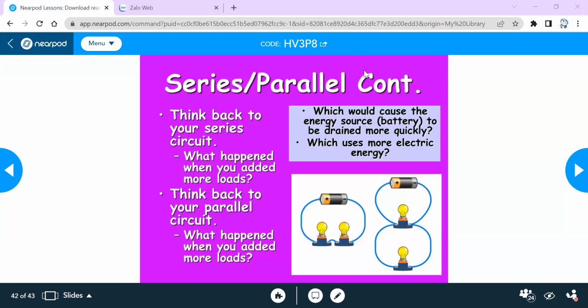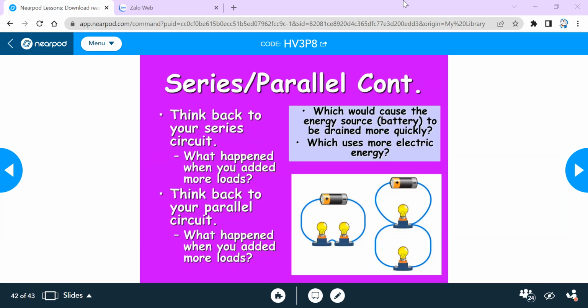All right. So what actually happens to the brightness of the bulb connected to a series circuit when we add more light bulbs in the series circuit? Well, the brightness of the light bulb in a series circuit will get reduced because the total resistance will increase and the current therefore will decrease.